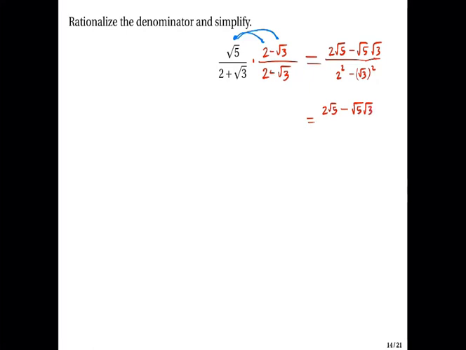If you multiply them, it's totally fine. And then in here, you have 4. That's your 2 squared. Then minus square root of 3 quantity squared, that's just 3. And 4 minus 3, that's just 1. So your final answer can be written as 2 square root of 5 minus square root of 5 square root of 3. Okay?